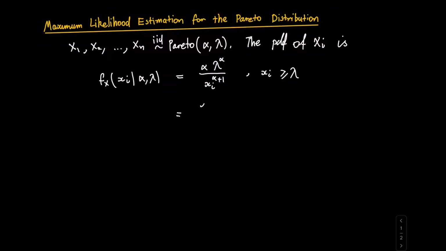I'm going to rewrite this as alpha lambda to the alpha all over xi to the alpha plus 1, and I'm going to put in an indicator function, I, for xi greater than or equal to lambda, where xi is an element of R.